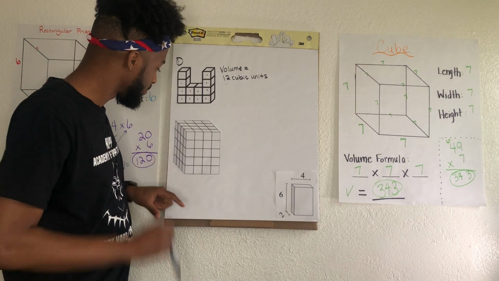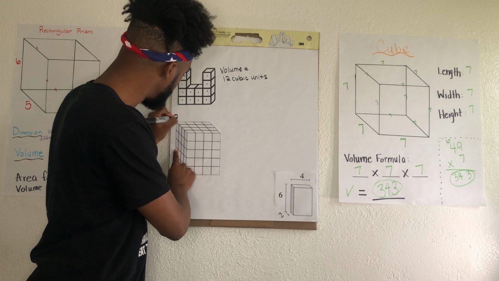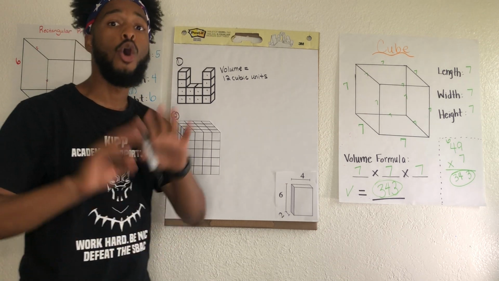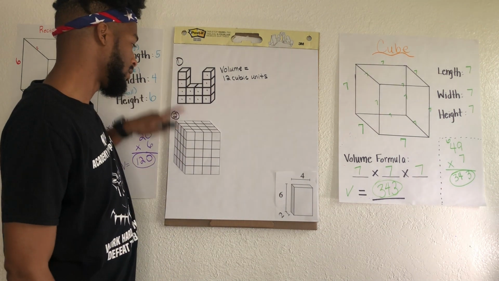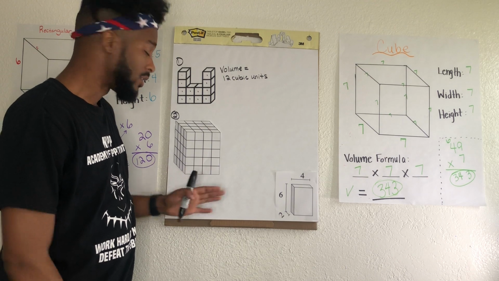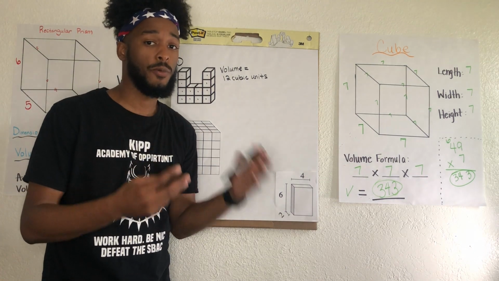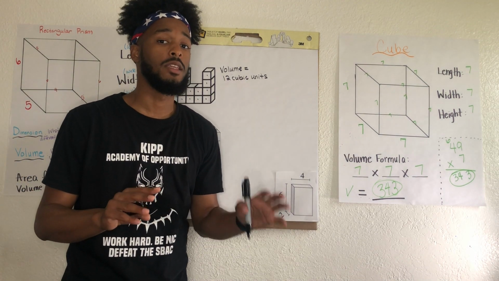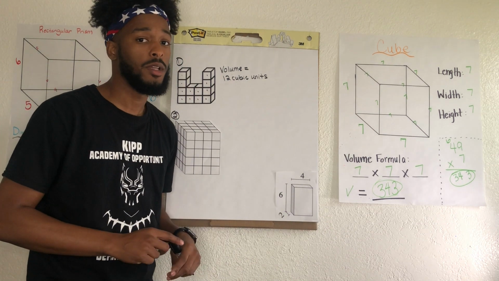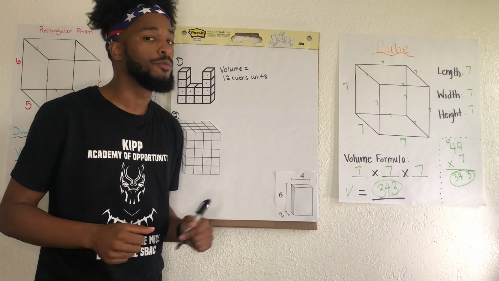But for here, let's call this one number 2, right? This figure has a whole lot more cubic units than number 1. So just to make sure that I'm going to arrive at the right answer, I'm going to just use the volume formula. You can't go wrong with the volume formula.